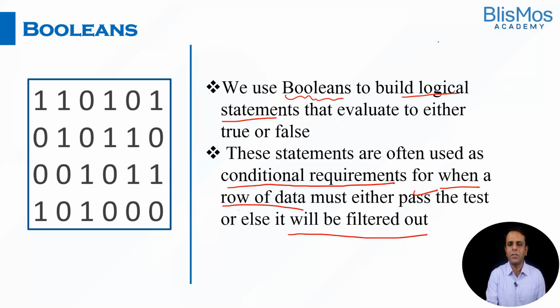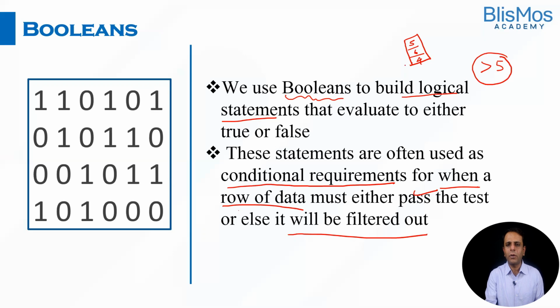Let us take a very simple example. Assuming that we have 3 values: 5, 6 and 4. We build a logical statement saying give me all the values more than 5. This is a logical statement.